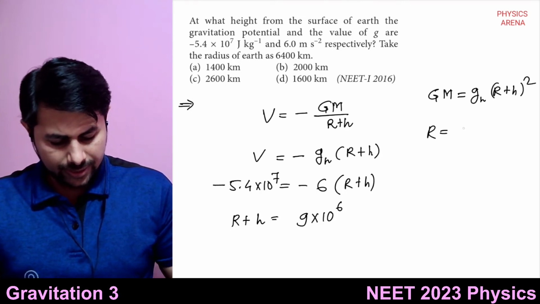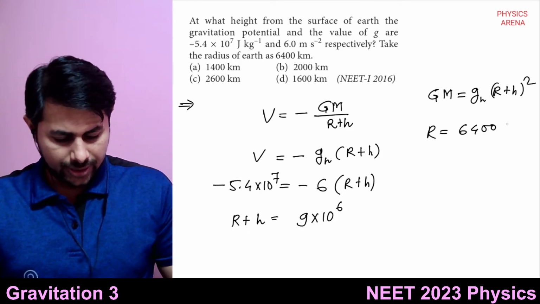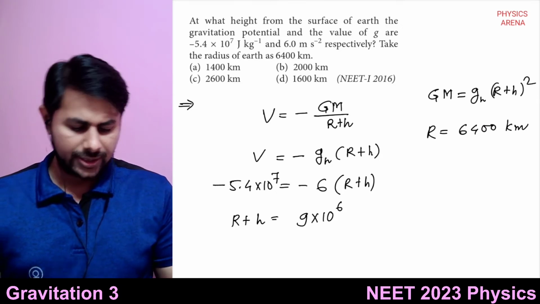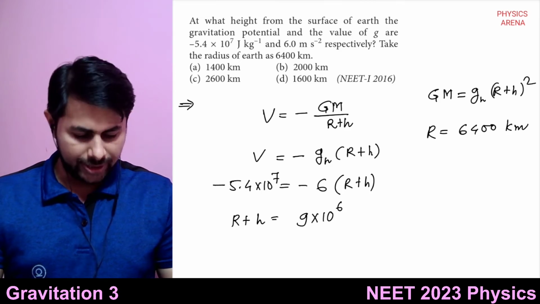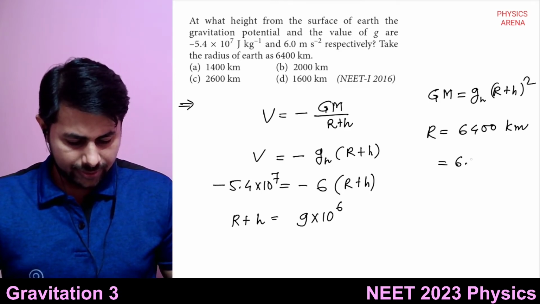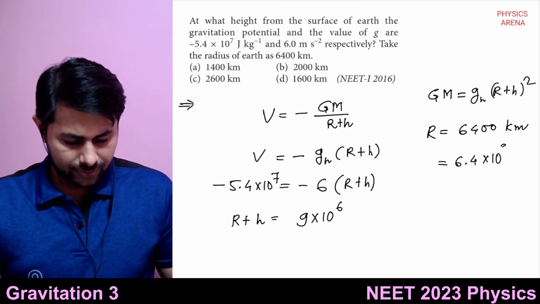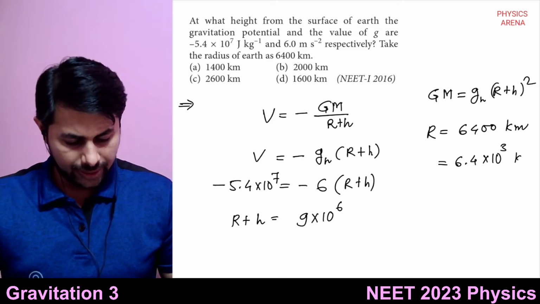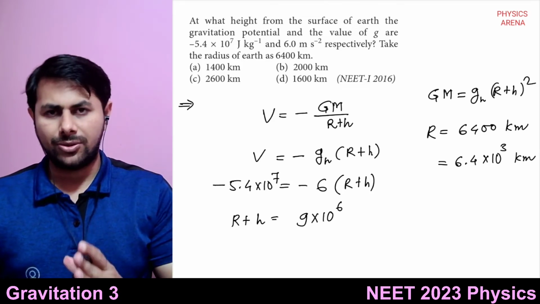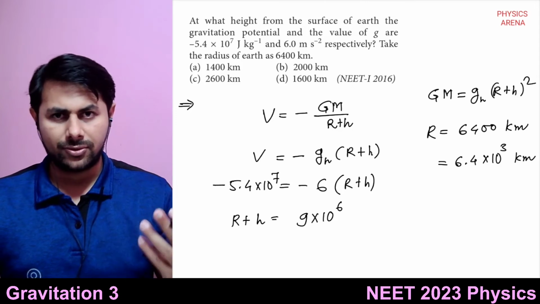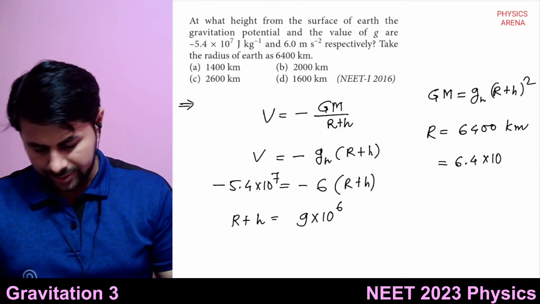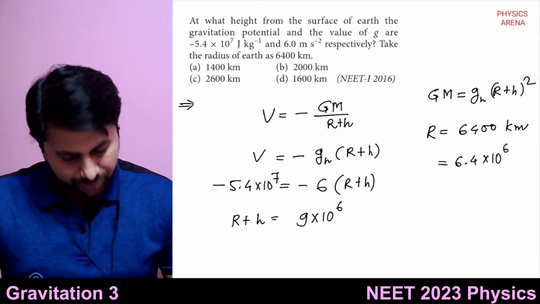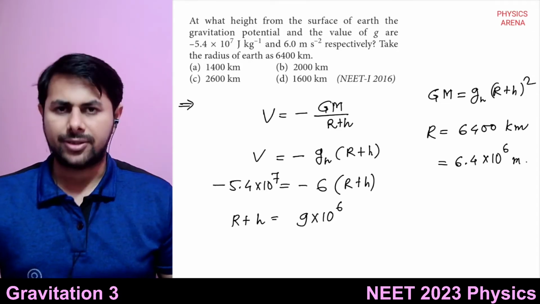So R is 6400 kilometers, or you can say 6.4 multiplied by 10 raised to 3 kilometers. If you want to convert it into meters, 1 kilometer is 10 raised to 3 meters, so we can write this as 6.4 multiplied by 10 raised to 6 meters.